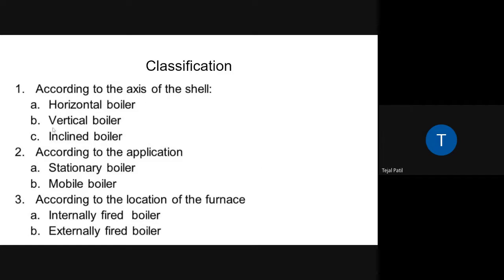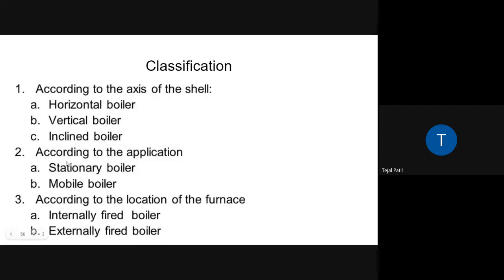Sorry, I said it the wrong way. If the pipe is placed in a horizontal manner, it is a horizontal boiler. If it is placed in a vertical manner, it is a vertical boiler. If it is placed in an inclined manner, it is an inclined boiler. Your pressure cooker is a vertical boiler, because it is placed in the vertical direction.